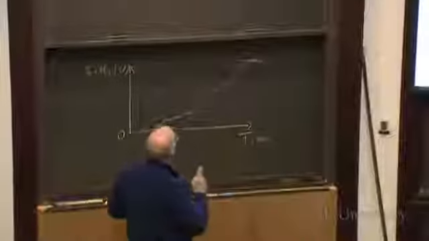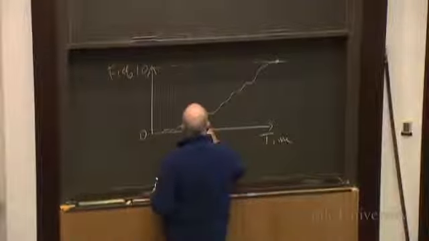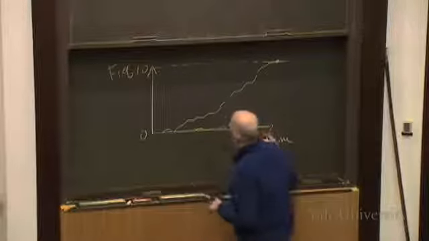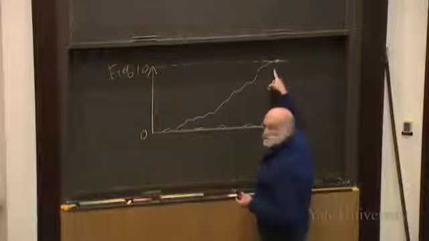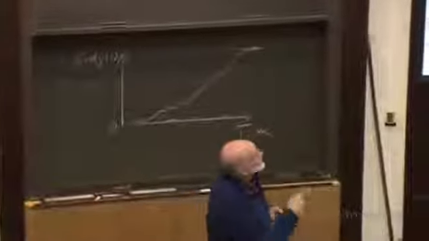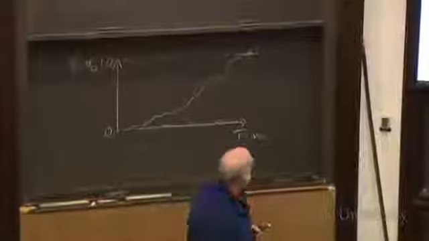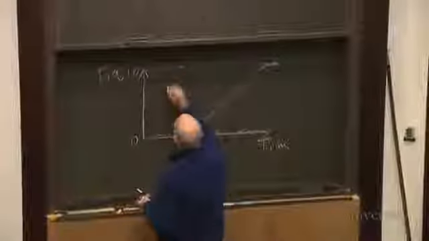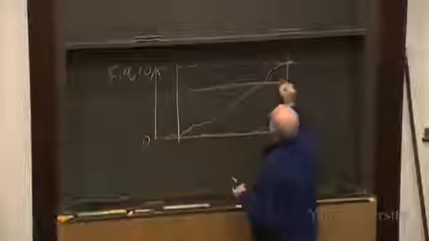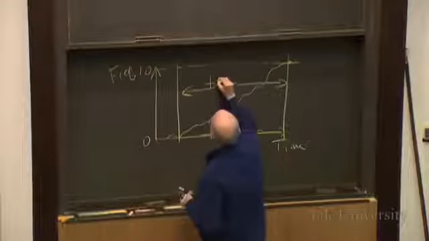So the fixation probability is the probability that out of all of the mutations that might arise, most of which drift out, this one will be fixed, and that's a small number. And the fixation time, how long it takes to be fixed, is on average how long it takes for this process to occur. So that's the fixation time.